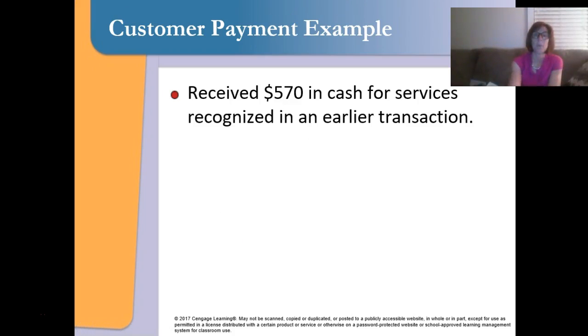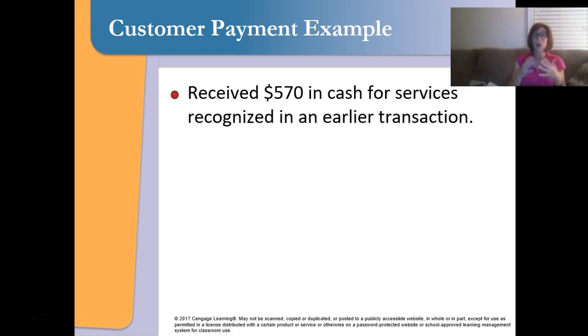So now we've got a customer who's going to pay us some money. The customer who put some services on account with us before is going to pay us some of those services. So we're going to receive $570 in cash for services. So what accounts are affected?